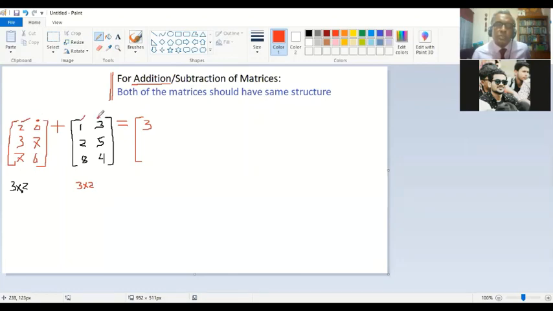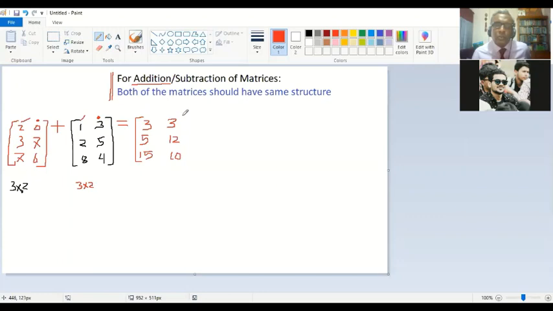So same position numbers will be added together. So it is again 3. And go down, 3 plus 2, it will be 5, and 7 plus 5, it will be 12. And then go down again, 7 plus 8, so it is 15. And 6 plus 4, it is 10.